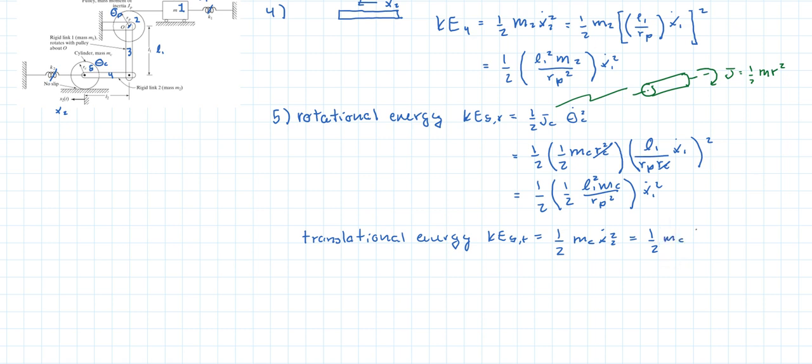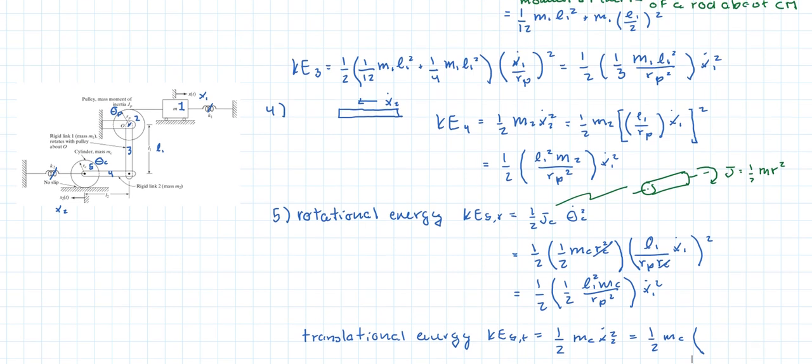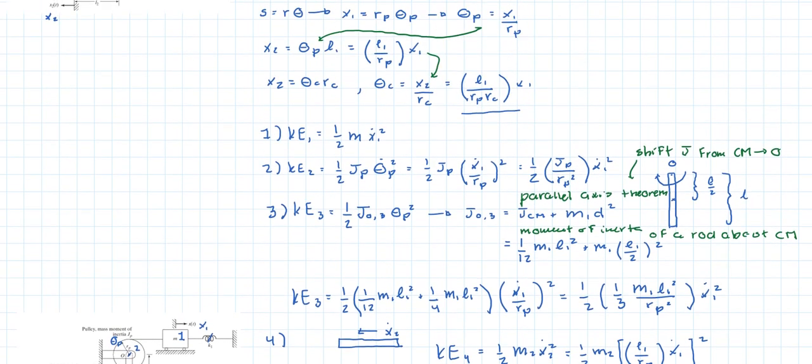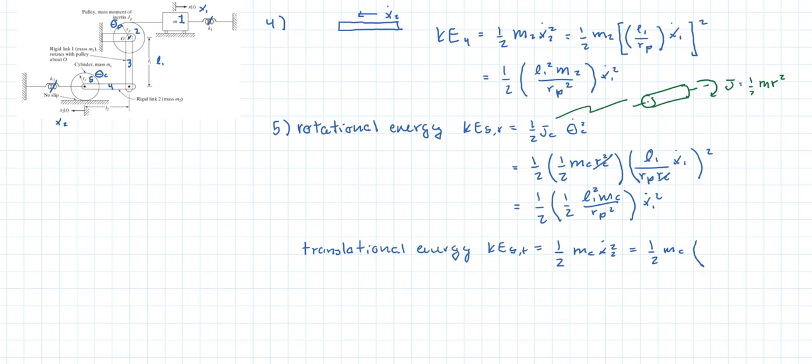We said that x sub 2 is L1 over RP times x1, so that's 1/2 times MC L1 squared over RP squared times x dot 1 squared. Okay.